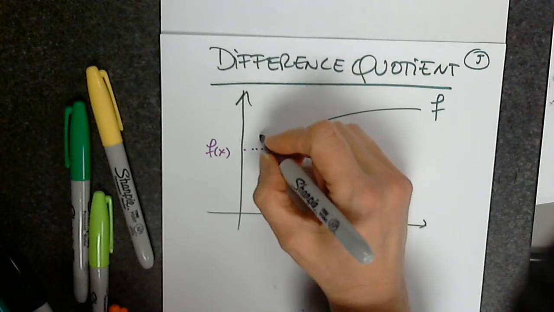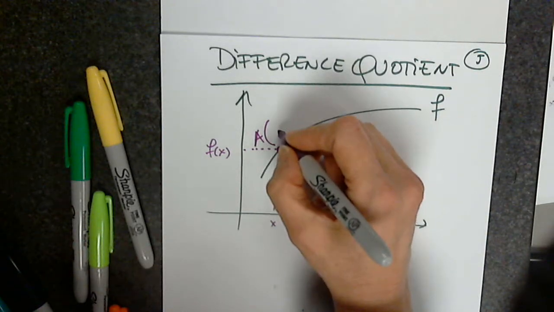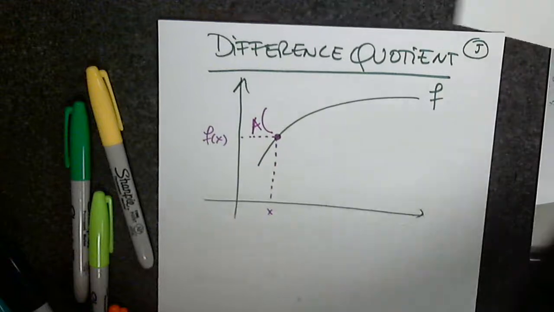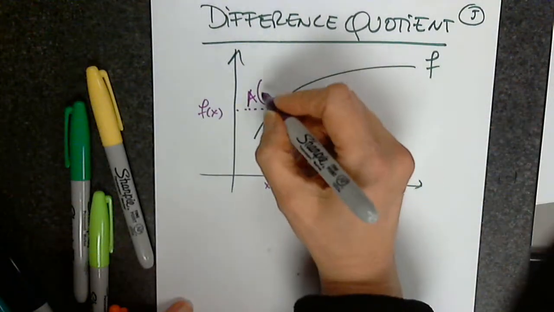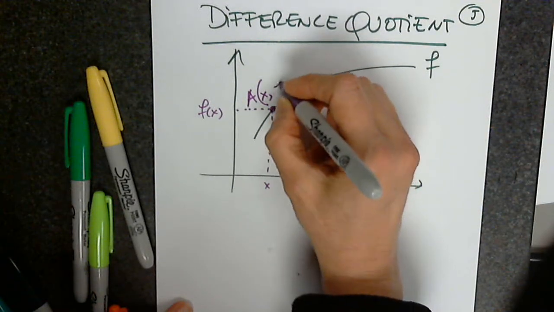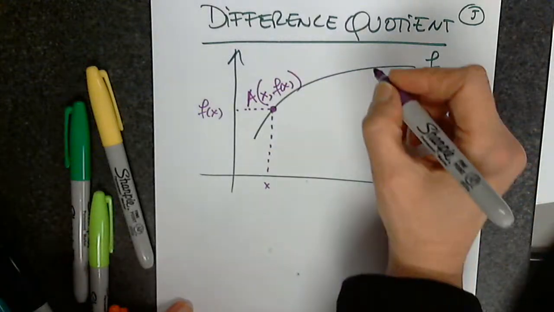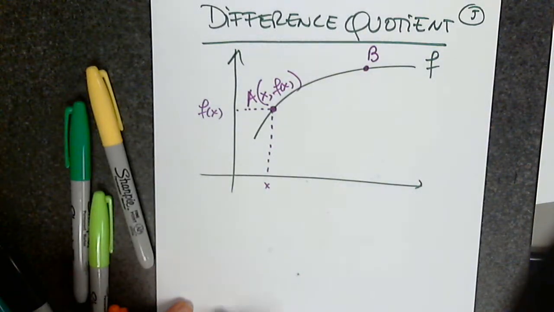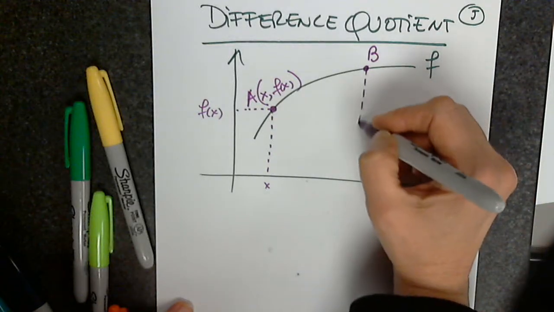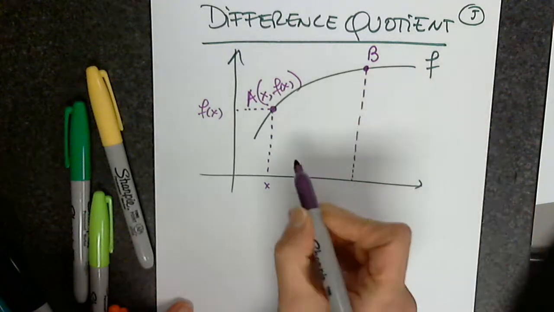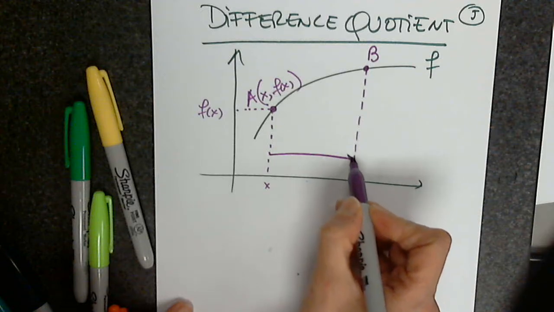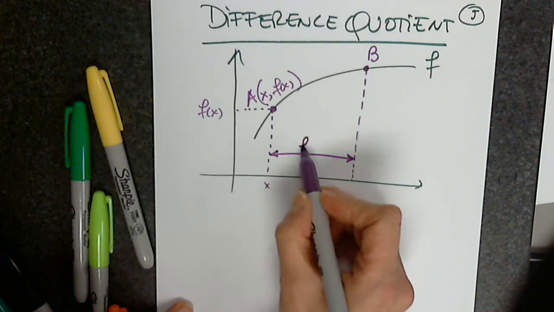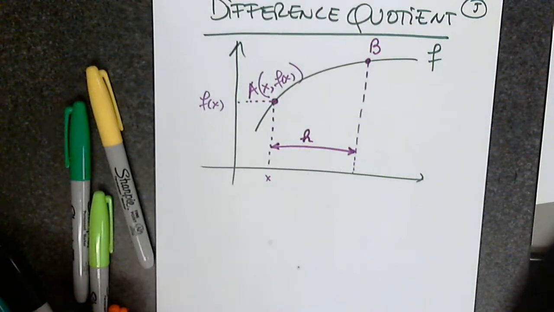So the coordinates of this point, I'm going to call it A, are, can anyone dictate them one more time? x, comma, f of x. Very good. Perfect. I'm going to say that this is point B. And I'm going to say that I am increasing x by a quantity called h.